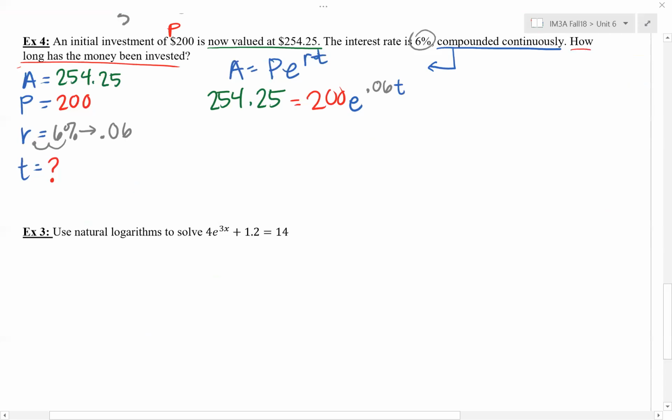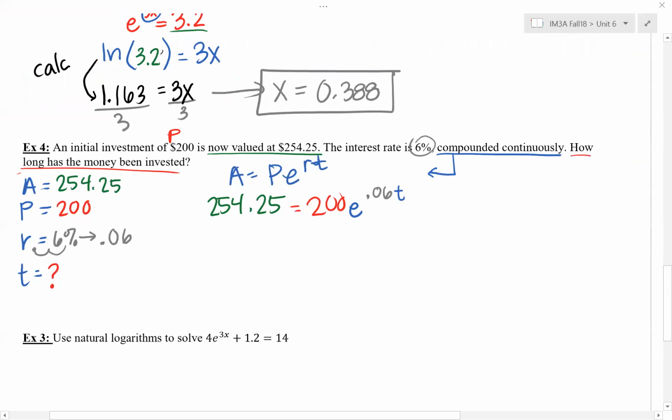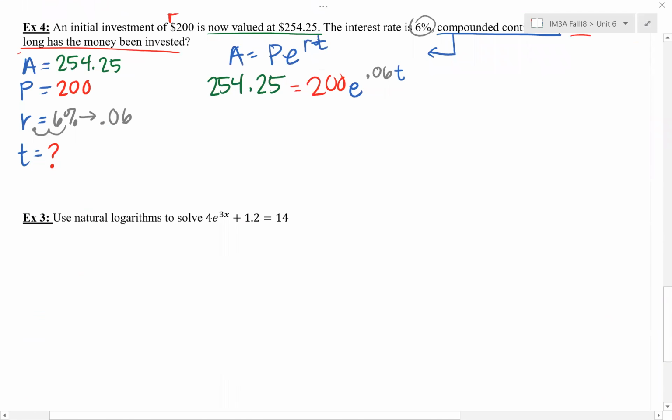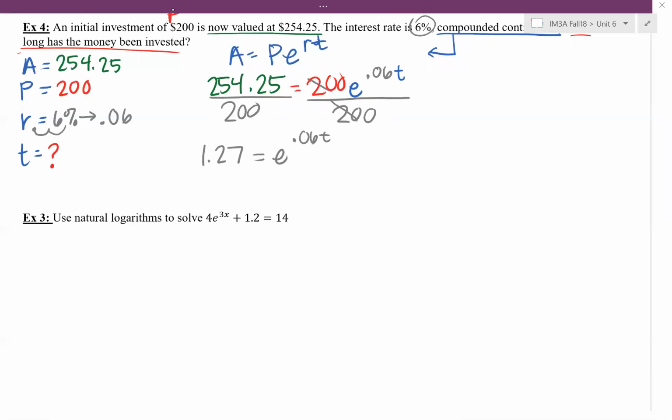So we have an exponential equation like we did in example 3. Let's solve it, meaning we want to isolate e and then switch it to ln. So if I want e by itself, I first divide both sides by 200. 254.25 divided by 200 is 1.27, and that's equal to e raised to the 0.06t power.